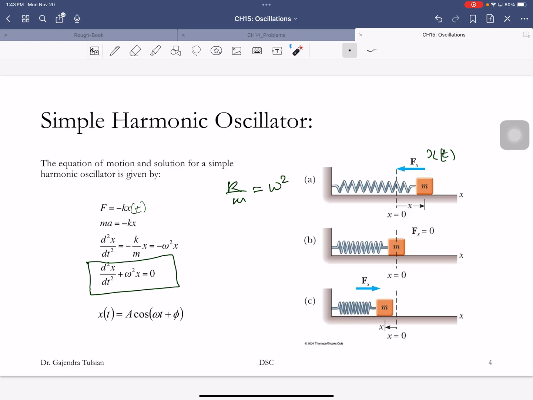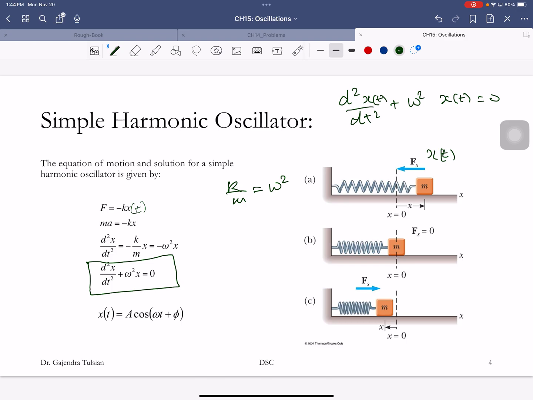Okay, so I'll introduce a couple of terms. What is the highest derivative in this equation? The second derivative. So this is a second order differential equation. Also, this is d squared x by dt squared plus omega squared x, and again, I'm not writing this equal to 0.